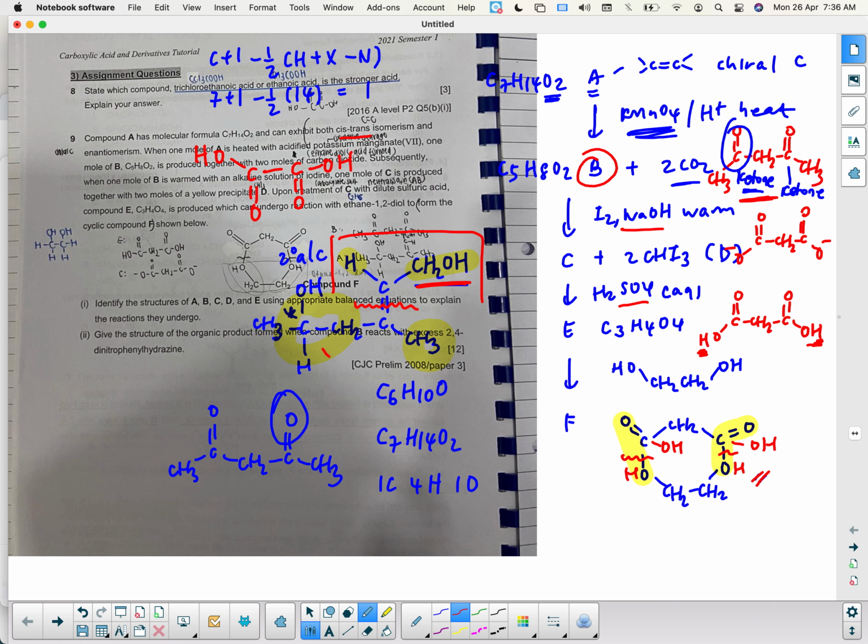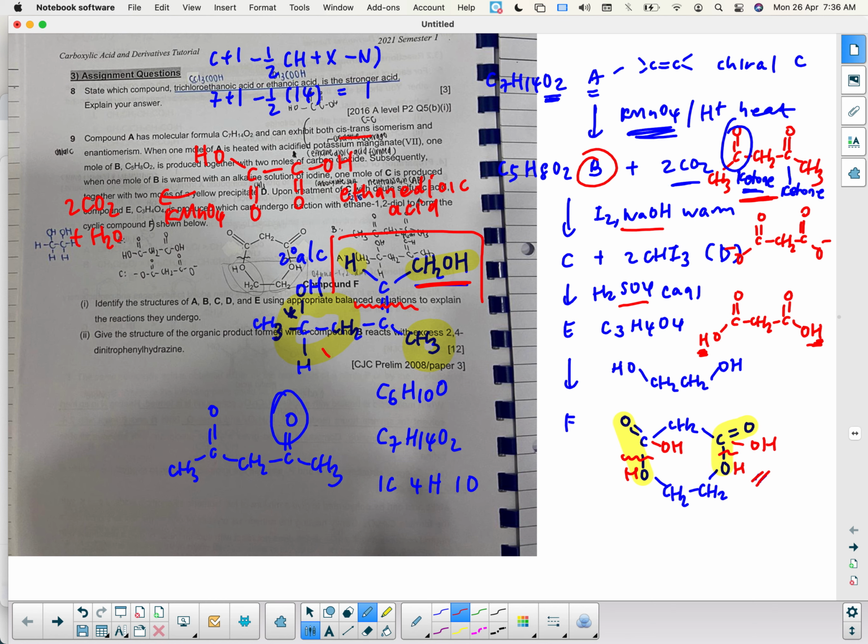And I did mention that this one is the special case. This is known as ethanedioic acid. This is a special case with KMnO4. It can be further oxidized easily to CO2 and H2O.